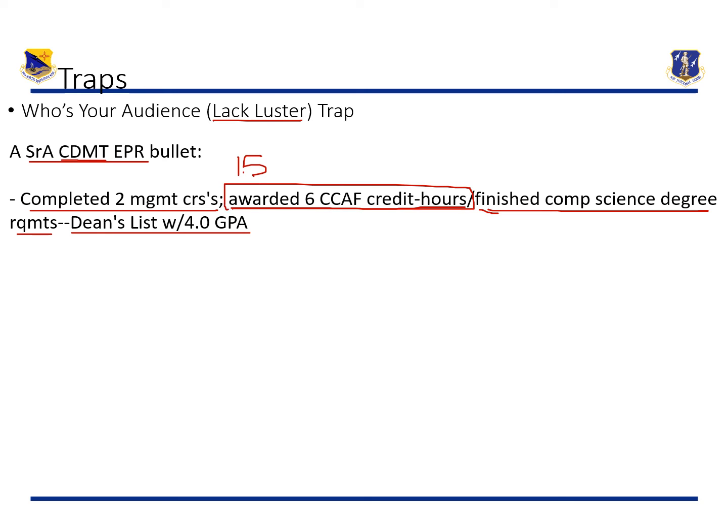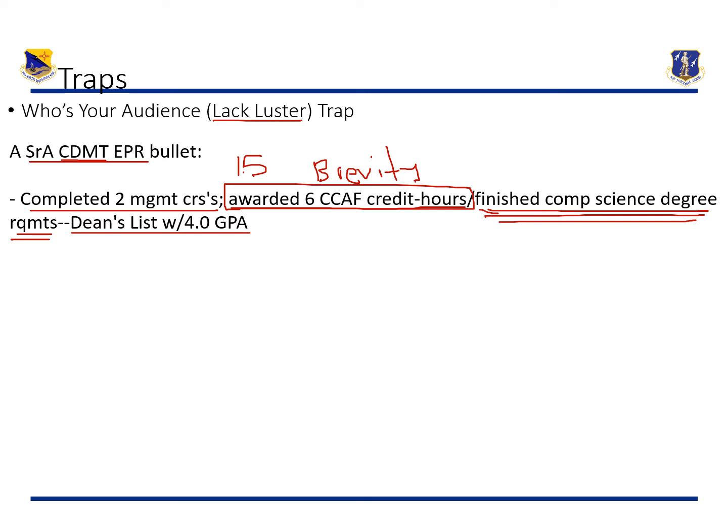But as you start looking deeper into this bullet, they really kind of emphasize this by taking so much space. Again, brevity. We're not seeing as much brevity here. And then it takes away from the attention of the more important thing. This member completed a computer science degree, meaning he's done. And honestly, "finished comp science degree requirements," I don't know.